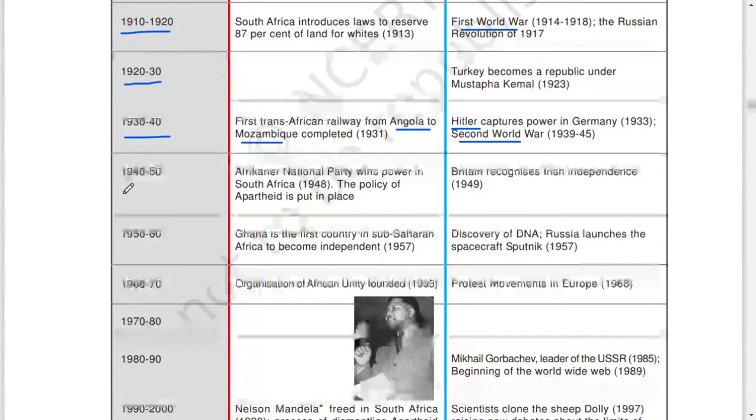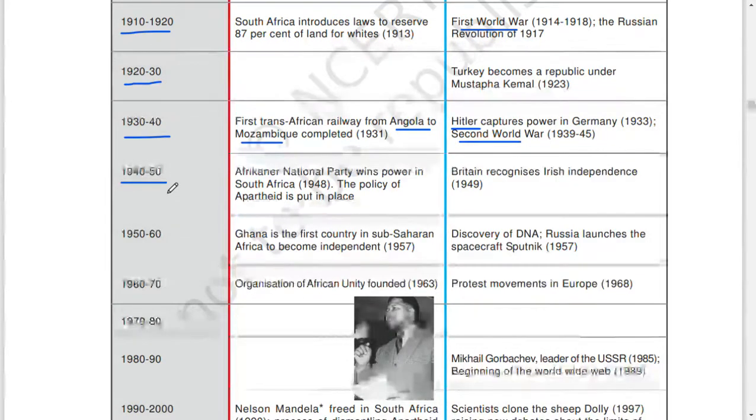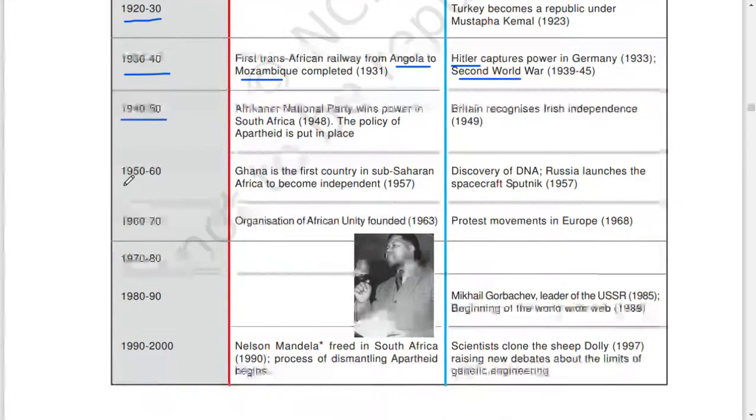1940 to 50, Afrikaner National Party wins power in South Africa, 1948. The policy of apartheid is put in place. Britain recognizes Irish independence, 1949. 1950 to 60, Ghana is the first country in sub-Saharan Africa to become independent, 1957.